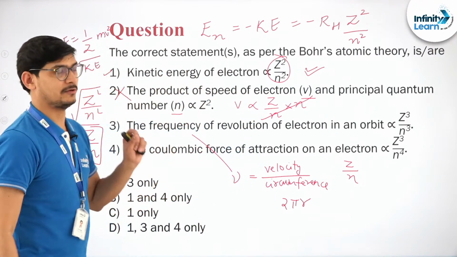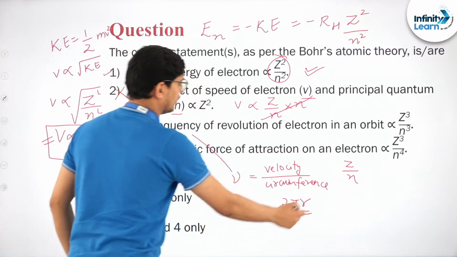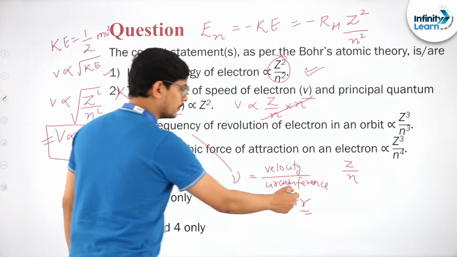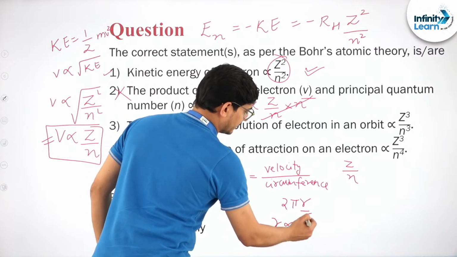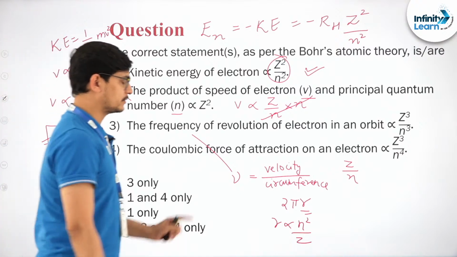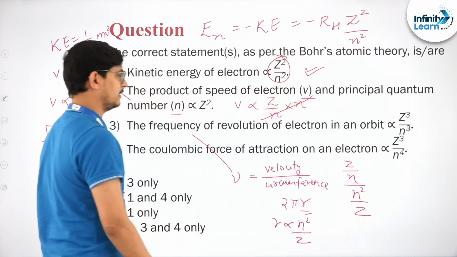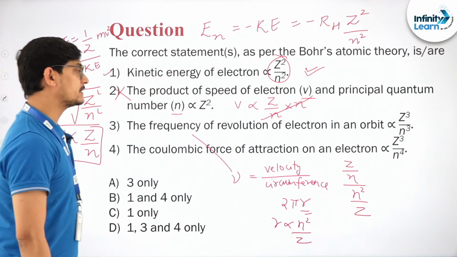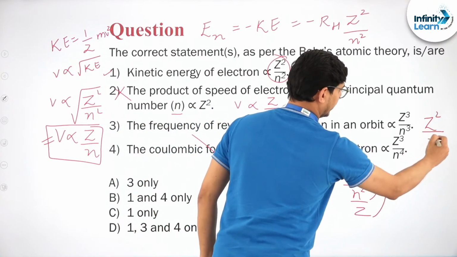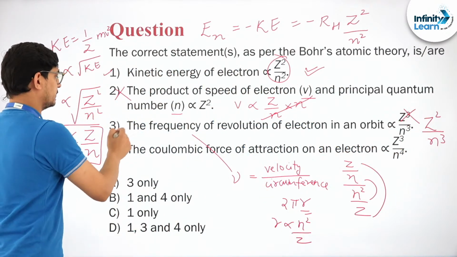In the first session of this series, we derived the expression for the radius of a stationary state, so please go back after this session and revise that. Radius of nth stationary state is proportional to n square by z. Putting it here, the frequency of revolution is proportional to z square by n cube. So this part is incorrect, and this statement is also incorrect.